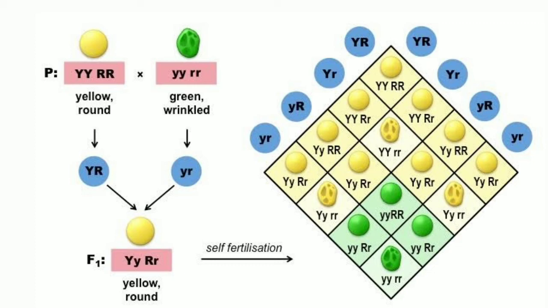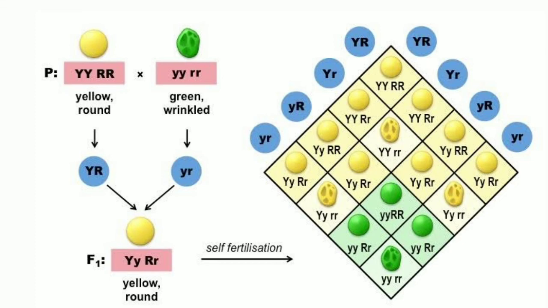Therefore, when they form the gametes, as we know, the gametes have the haploid number of chromosomes. So each of the gametes bears capital Y and capital R. What is the reason behind it? Because the parent is homozygous. In case of the other parent, the gametes will bear small y and small r.